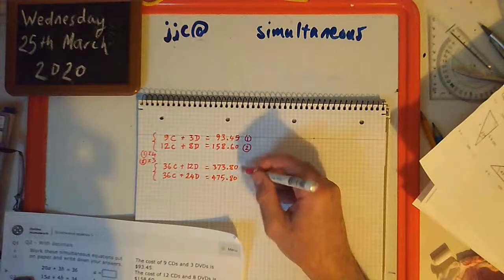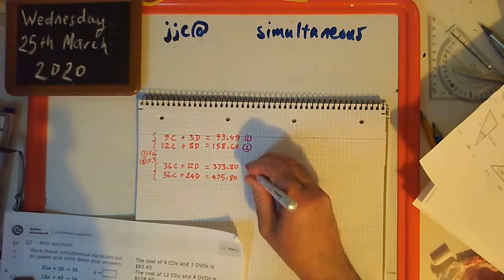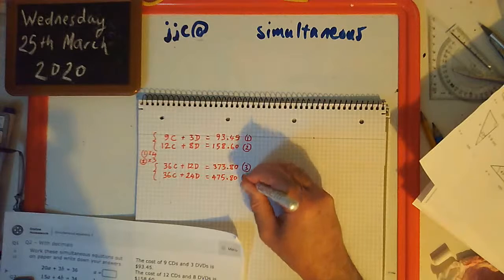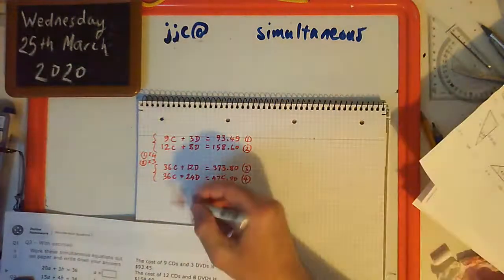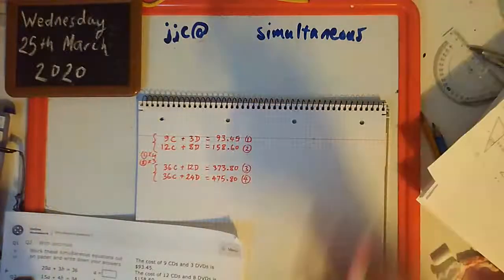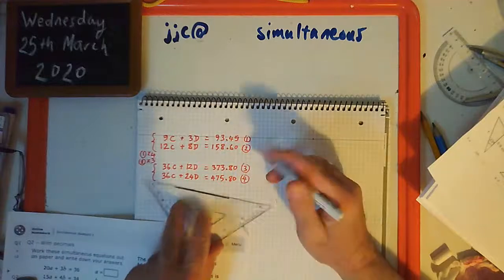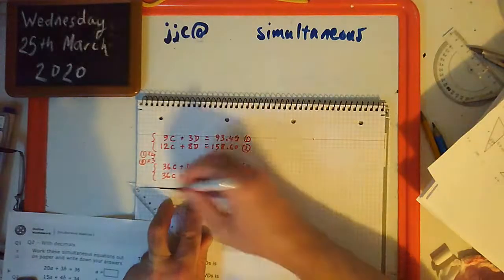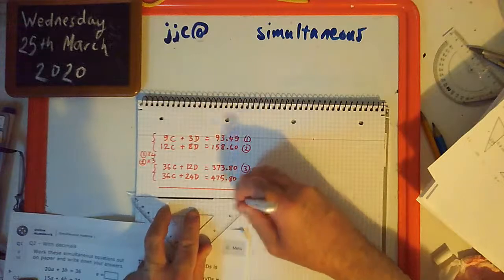And I put the extra 0 on there because it's money. So anyway, I've got two new equations that I'm calling 3 and 4. And because of the way I multiplied them up, they've both got the same amount of c in them, 36c. Which means if I subtract whole equations from each other, I can make the c's disappear.